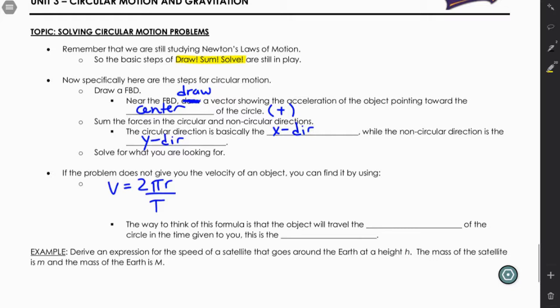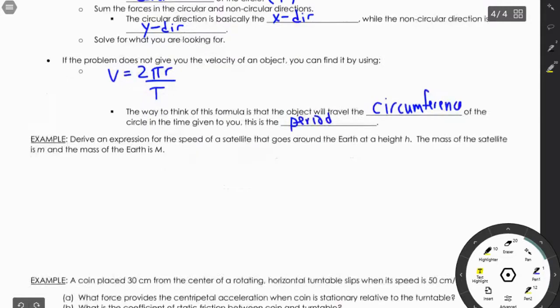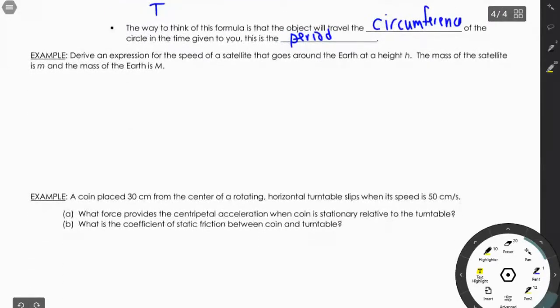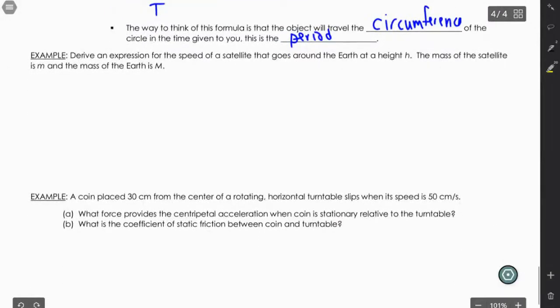The way to think about this formula is that you're traveling the circumference of the circle in the time given to you, and this time is known as the period. If you want to know how this works, look at the Ferris wheel question in the last video. And now we're just going to do some quick problems here.